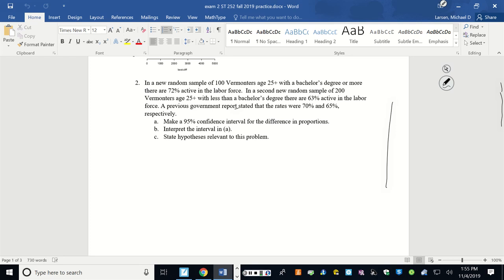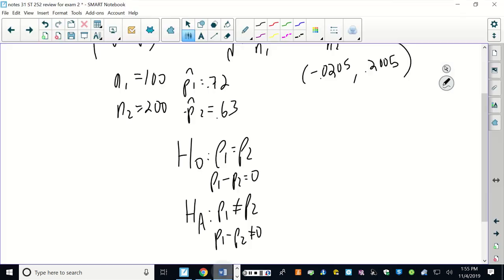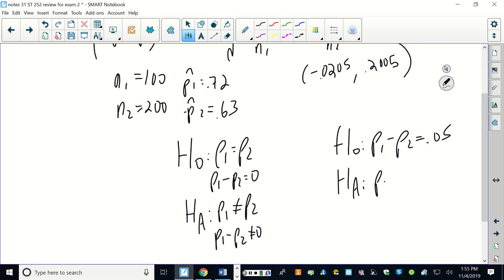What other hypotheses might you set up? You could set up that the difference is 5% versus the difference is not 5%. You could set up that p1 minus p2 is 0.05 based on that data. And this is really saying, have things changed? If the economy is changing and things are getting worse for those without the bachelor's degree, say the economy is going tech-wise so you need to hire, then that might be.